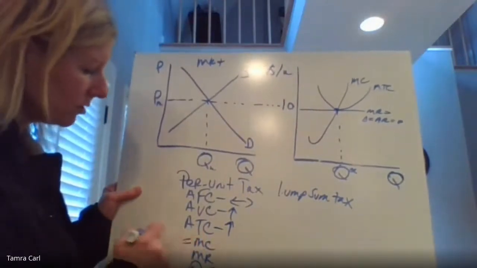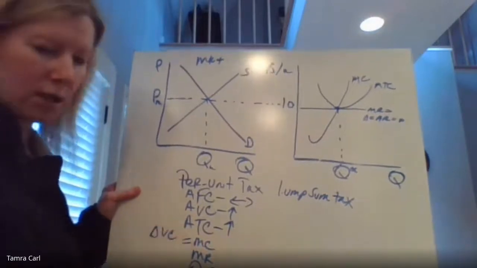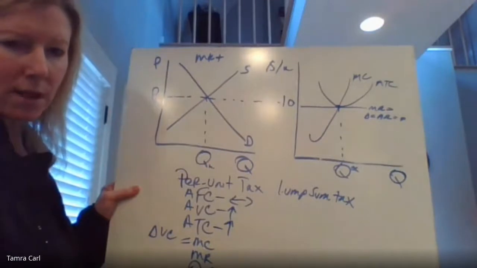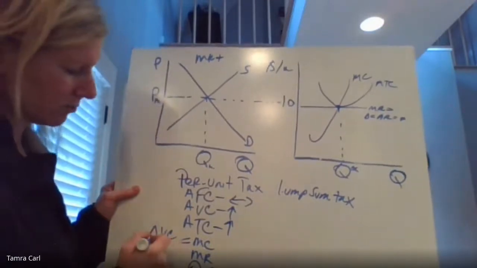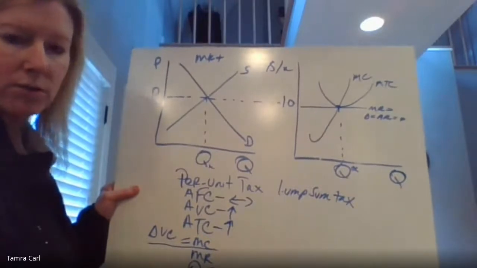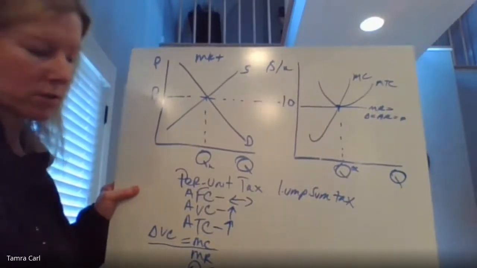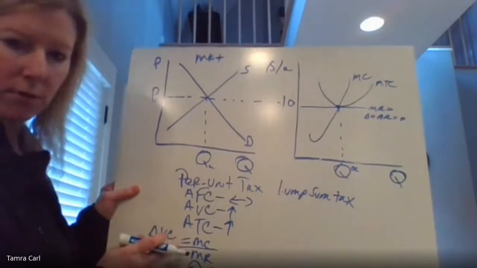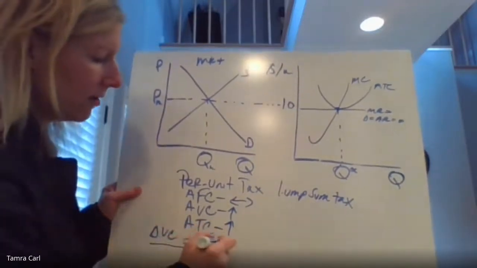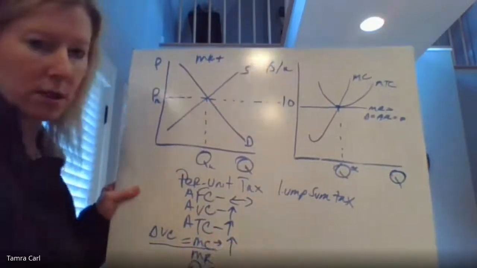Remember that my marginal cost is equal to the change in variable cost. And there are so many people that go into this AP exam that don't recognize this relationship, and this will connect you with multiple answers to questions. So I think this is a really important one. And so if my variable costs are going up, that means my marginal costs are going up.